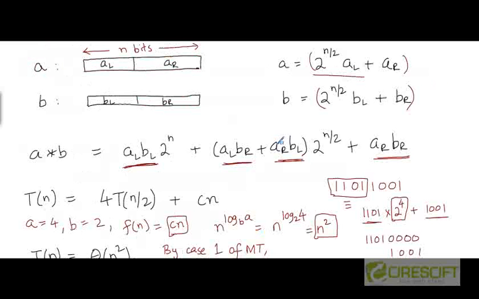Now if we go back and see what 3 terms we need, we can compute AL times BL and AR times BR using 2 multiplications. So we have one multiplication operation here, one multiplication operation here.